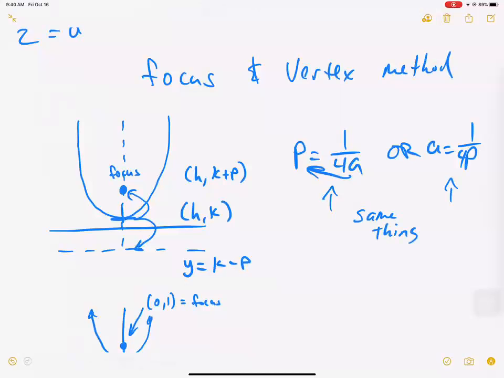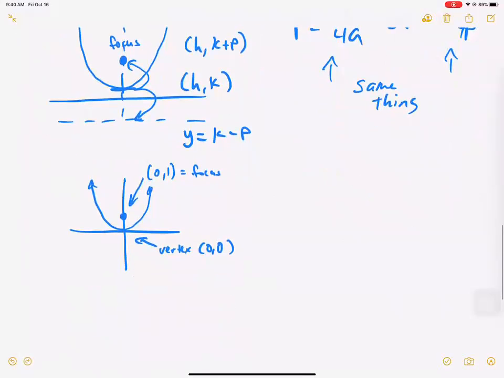I just flip the a and then flip the p. I just swap them. Same thing.